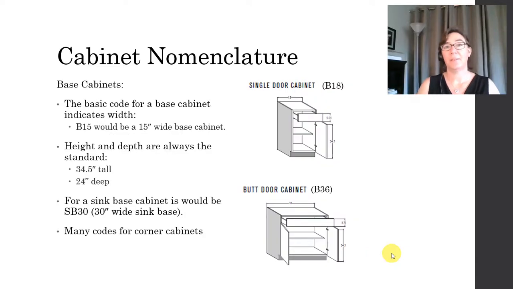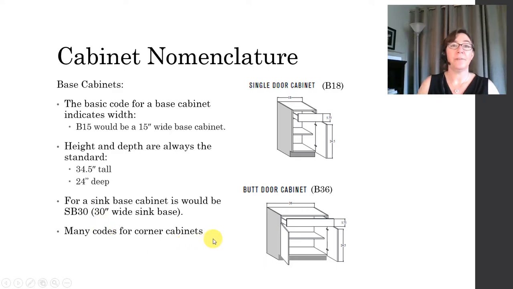Base cabinets. Your typical code for a base cabinet just indicates the width. Height is usually standard at 34.5 inches. The depth is usually standard at 24, so they just leave those ones off. So, for example, a B15 would be a 15-inch wide base cabinet. And a sink base, SB, is a common code, might be a 30-inch wide.